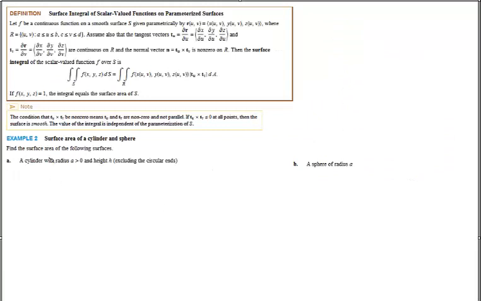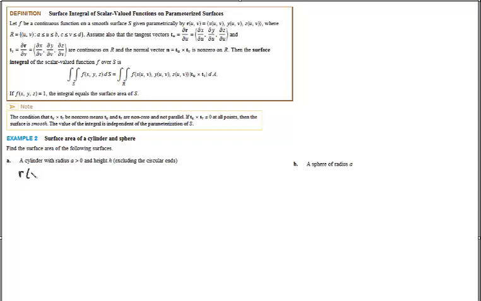We are now finding the surface area for the following surfaces, and we're going to be using our definition as above. First up, we have a cylinder of radius a, and it has to be something that actually exists, so a is greater than 0.